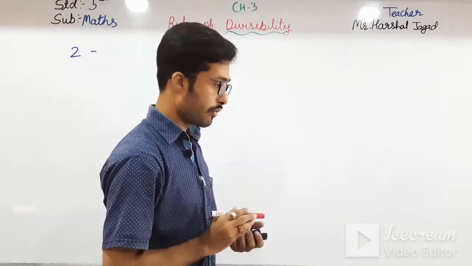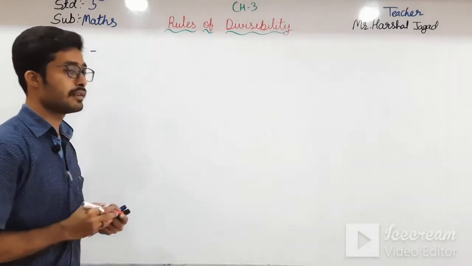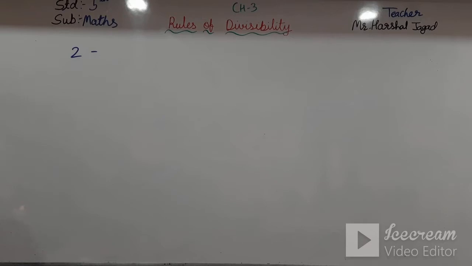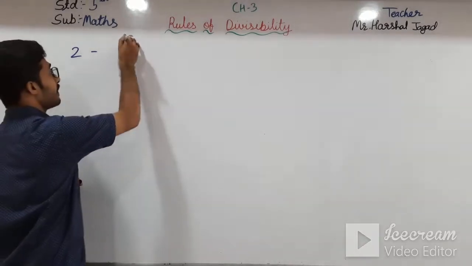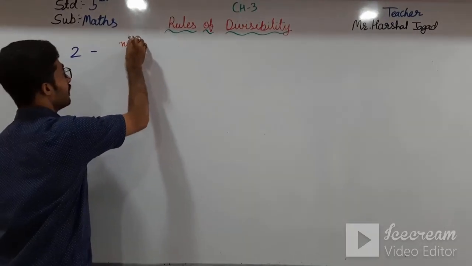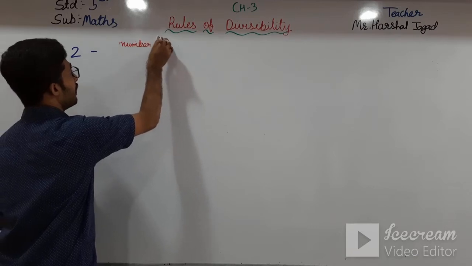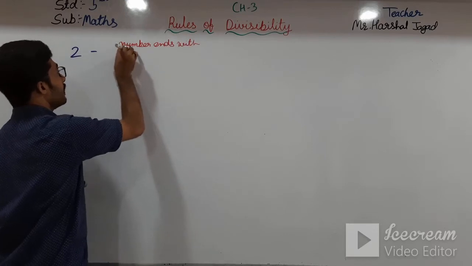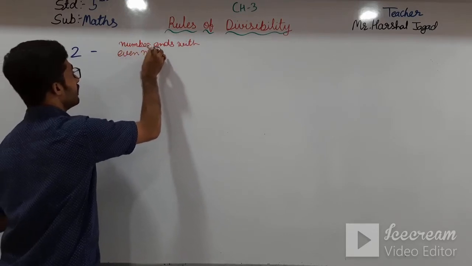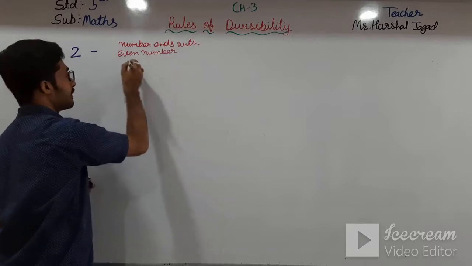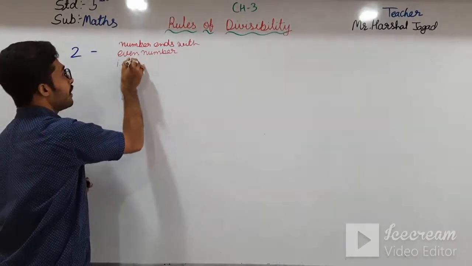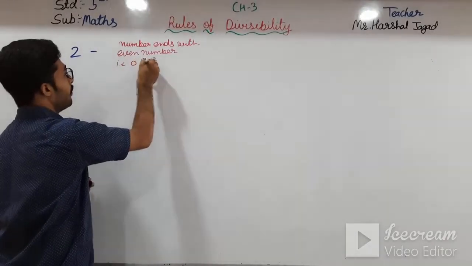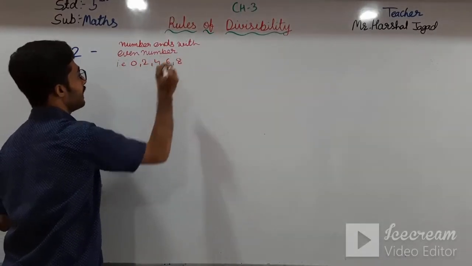The number which ends with an even number, that is 0, 2, 4, 6, 8.